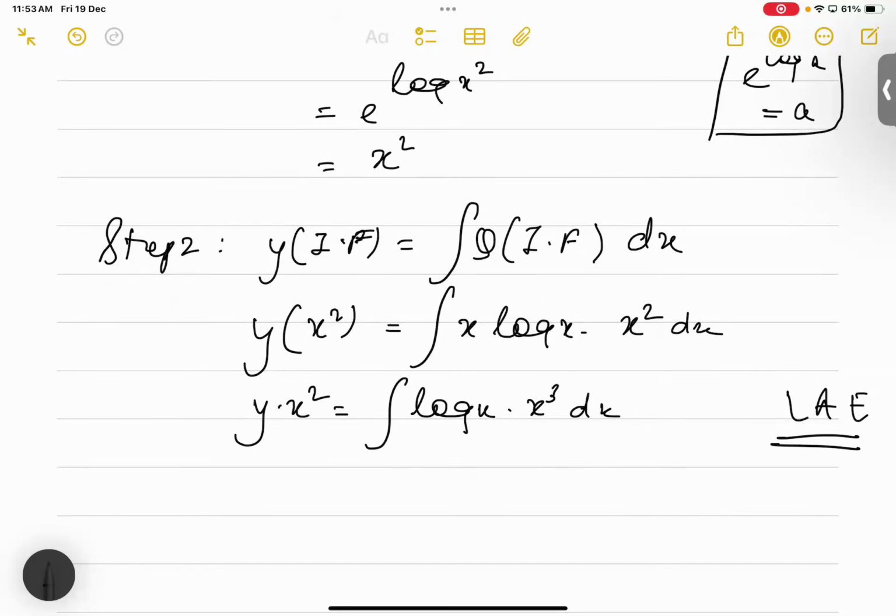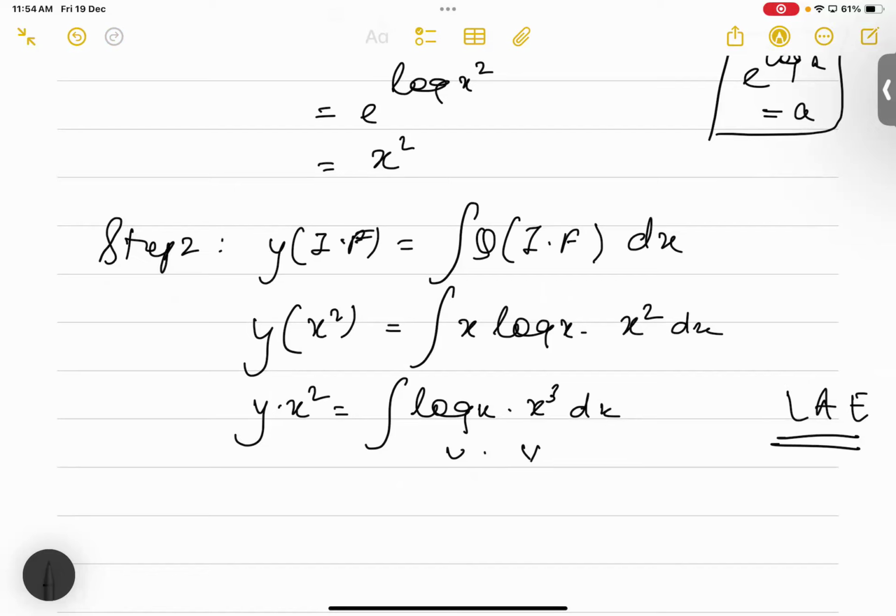In integration we had done something called LAE, integration by parts. In that, logarithmic term should be first and then algebraic. Algebraic is x raised to n, and exponential is a raised to x, e raised to x. So obviously the logarithmic term is written first and then the algebraic term.